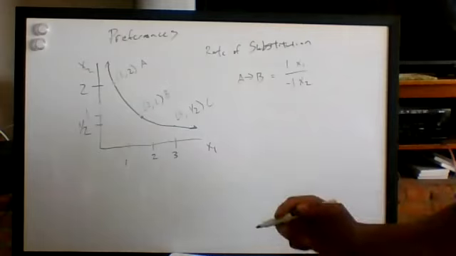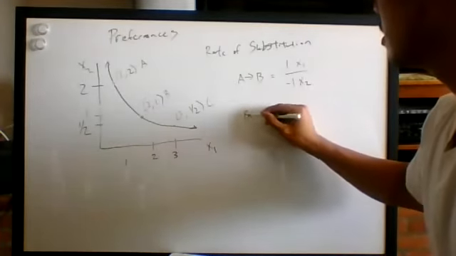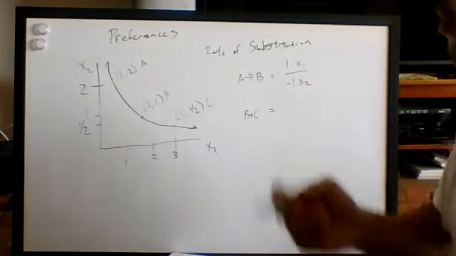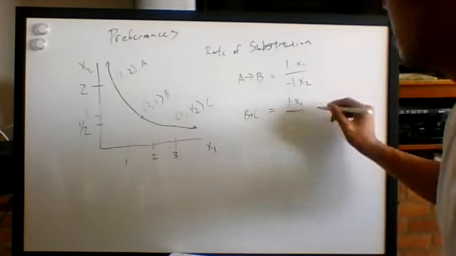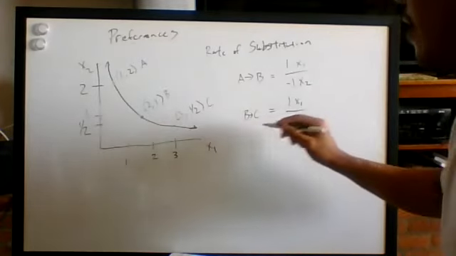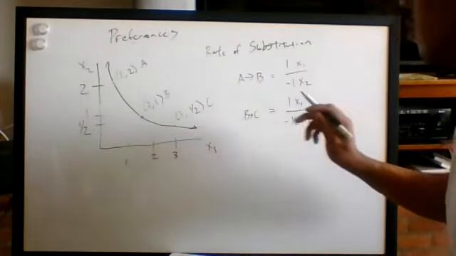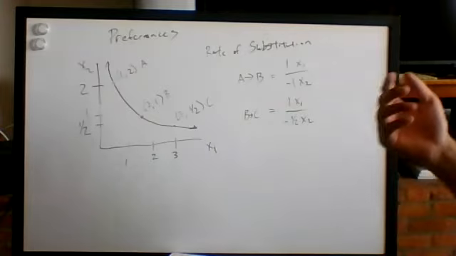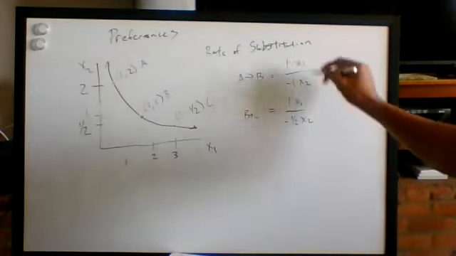Hopefully you guys can see that. And going from B to C is going to be a different relationship, right? We received 1 x1, but we lost only a half of good 2, negative 1/2 x2, right?